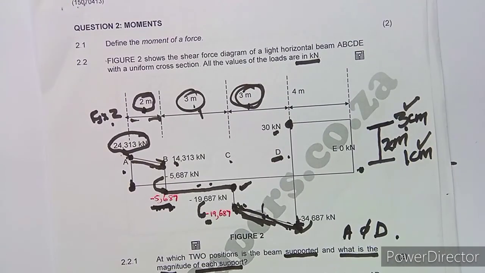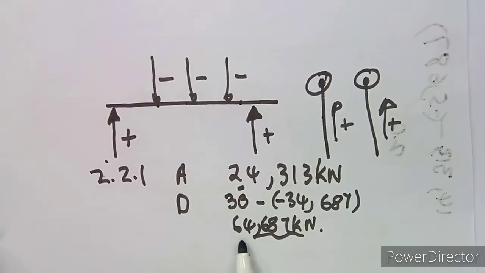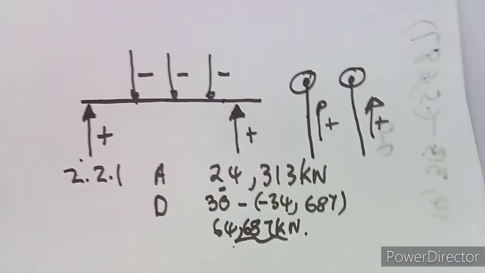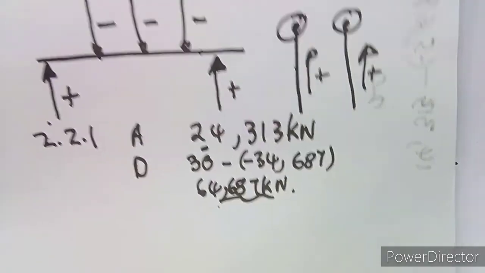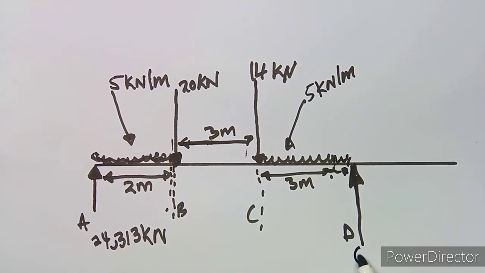But what is going to happen? We need the force at D. We calculated this before, so it's no problem. We're just going to write it at D: 64,687 kilonewtons. So it's an advantage for this one.